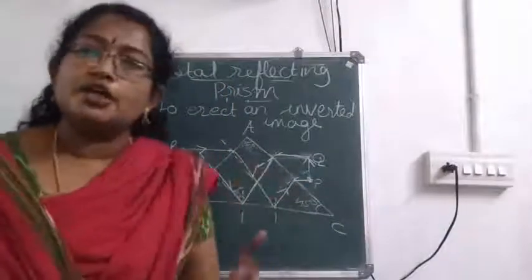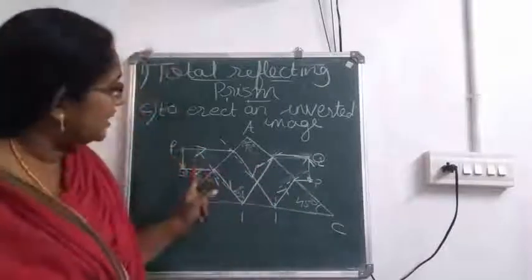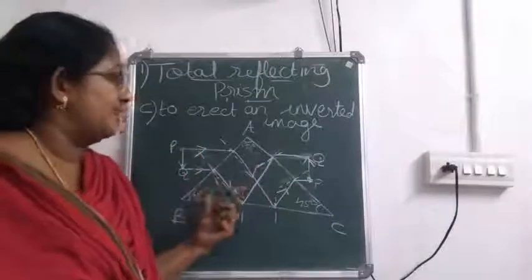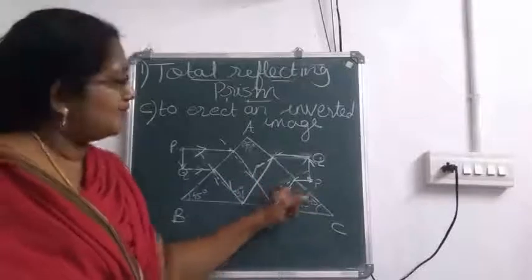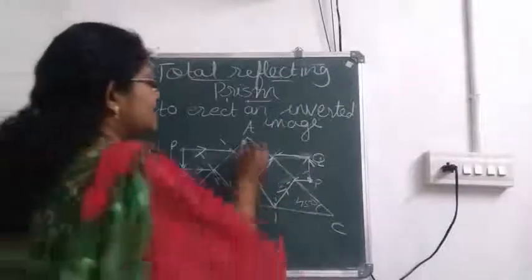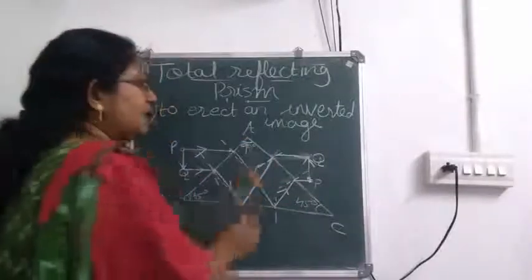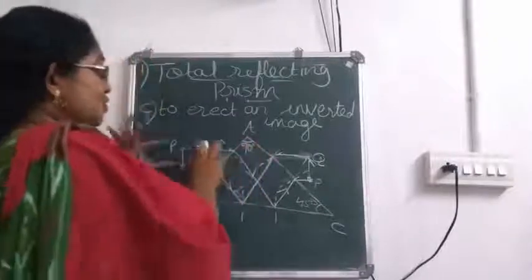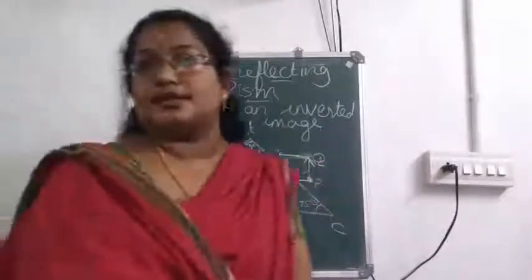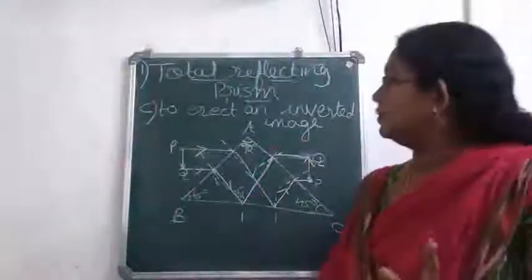When you draw using a ruler and pencil, then only these measurements will be the same. Here the measurements are not exactly equal because I am not using a ruler. Using a ruler, you will get the exact measurement and you have to draw like that. Okay, so is it clear?